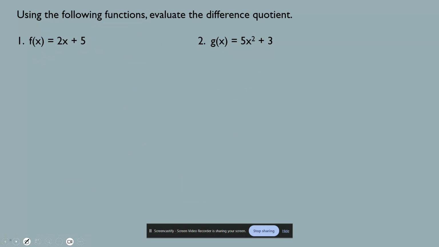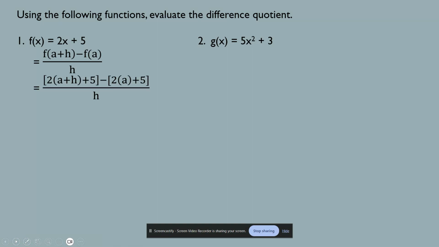All right, so first thing here, I have f of x equals 2x plus 5. And let's use the difference quotient here. So the difference quotient is f of a plus h minus f of a over h. Then what I'm going to do is plug it in here.